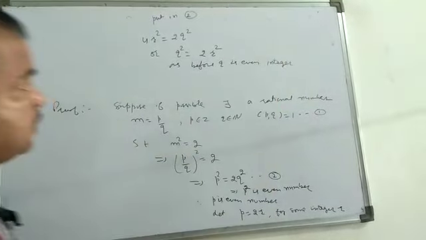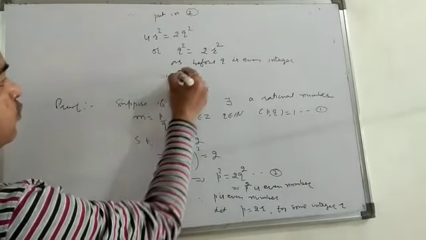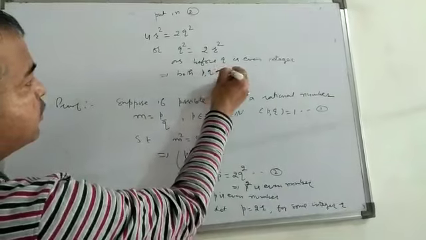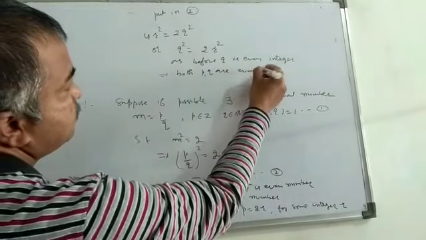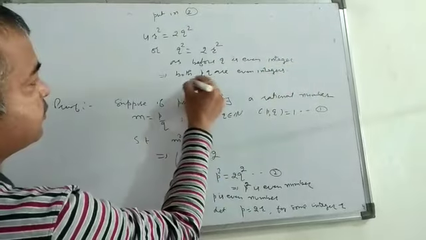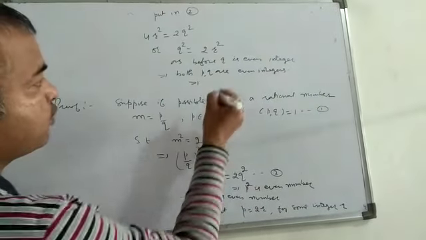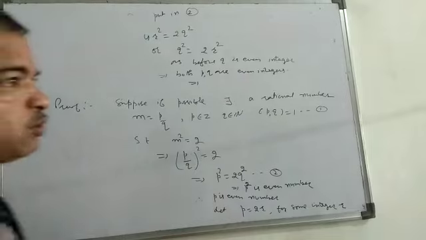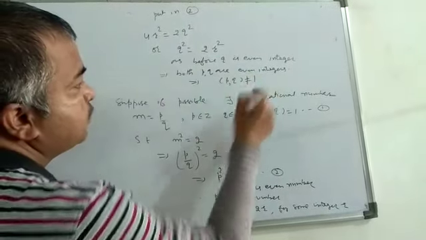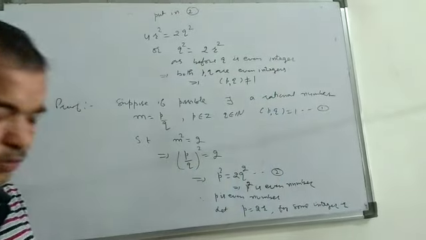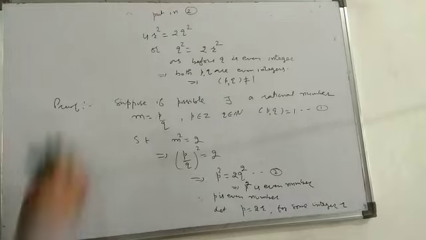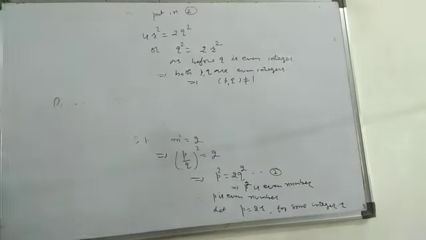So it implies both p and q are even integers. It implies their GCD cannot be equal to 1 because 2 is common in both, which is a contradiction to equation 1, which we assumed earlier.